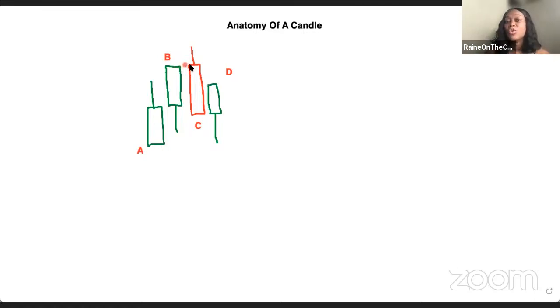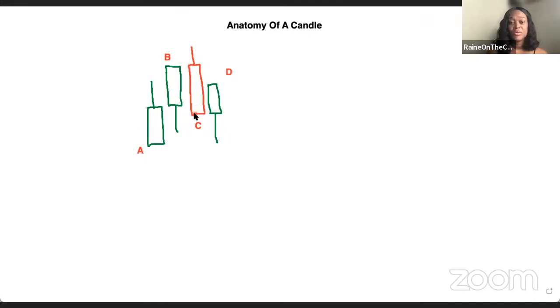Candle C opened at the top of the body, and this candle could have been bullish, but it's bearish because we see that it closes red. What I want you to pay attention to is that where B closed is where C opens. It's always going to be exactly the same. So C opens here and it closes at the bottom of the body.